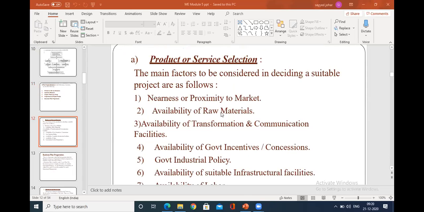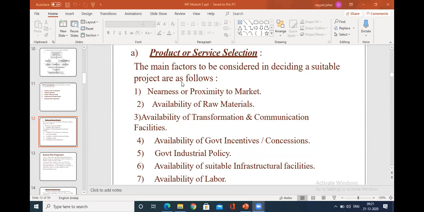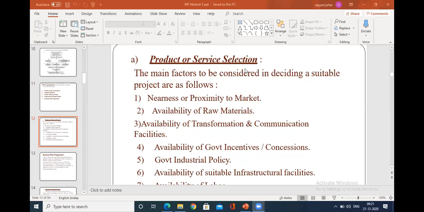So what is product or service selection? Individually, as I said, we need to focus. The main factors we need to consider are the nearness or proximity of the market, availability of market demand, availability of raw materials, and availability of transportation and communication facilities. So how do you select the product or service?